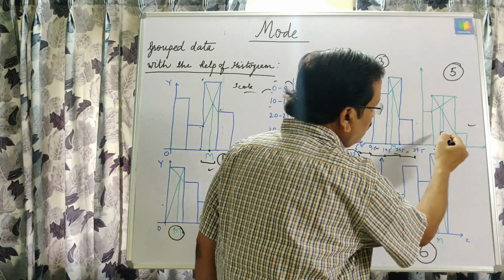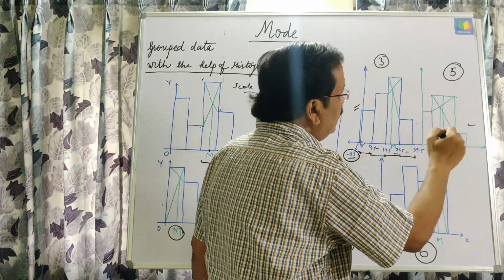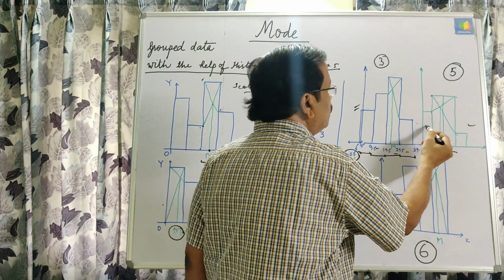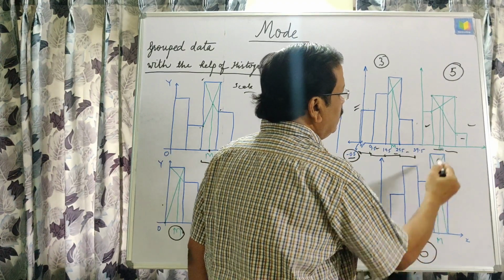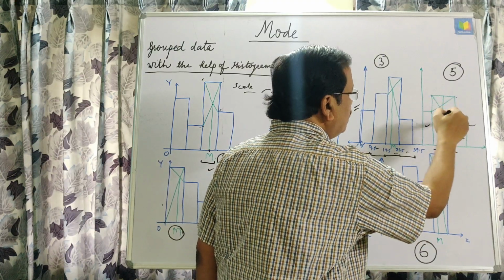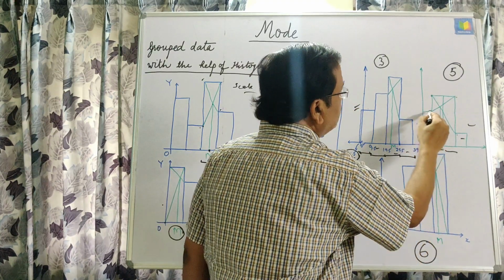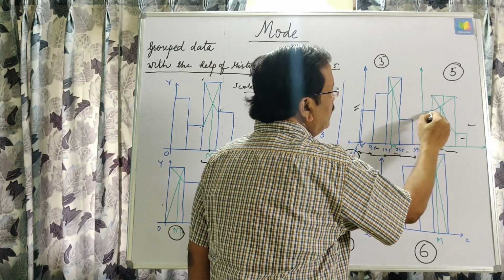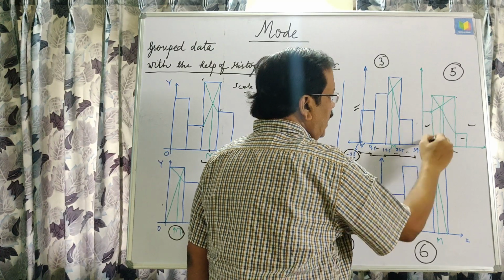And you will not get the mode in the middle one, it will depend on the position of these two blocks. Once this block is also of the same length, then obviously this will be in the mid one. But if this is of a different length, then this is not in the mid one, and then the mode will be this.